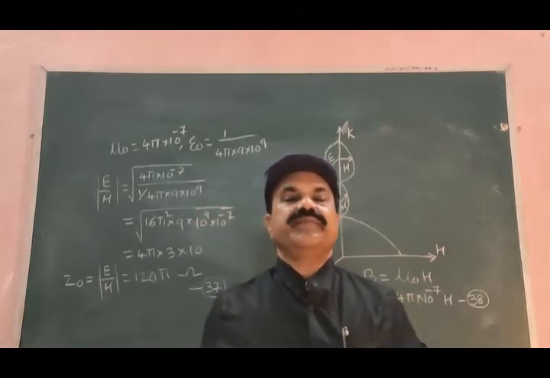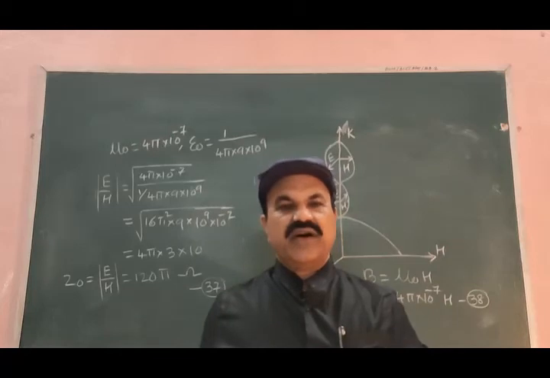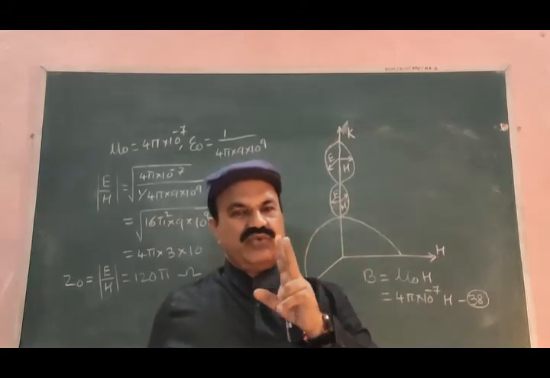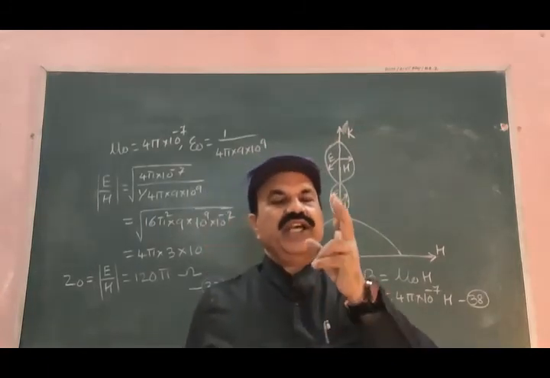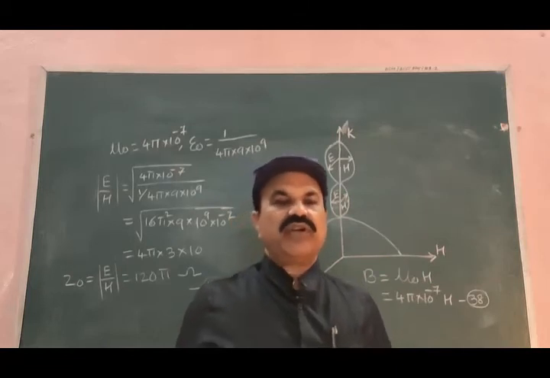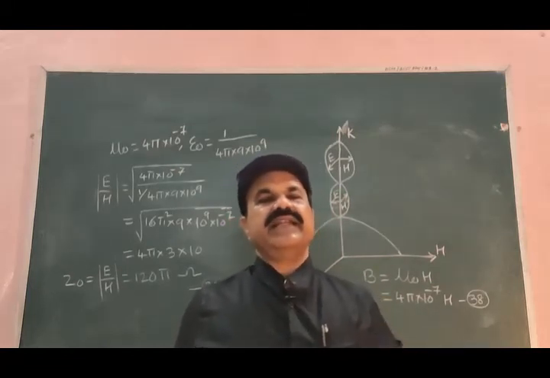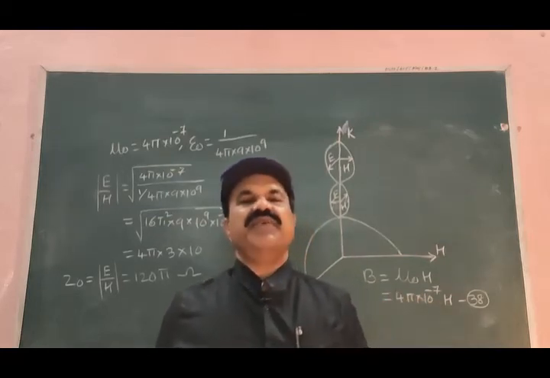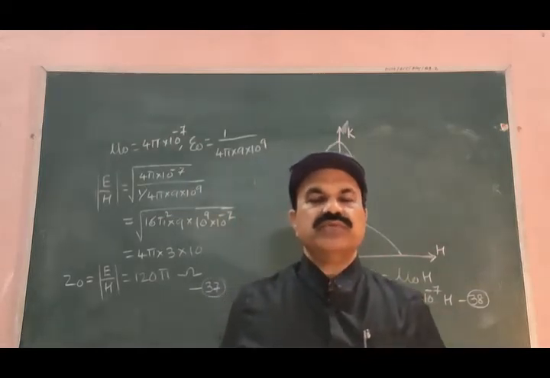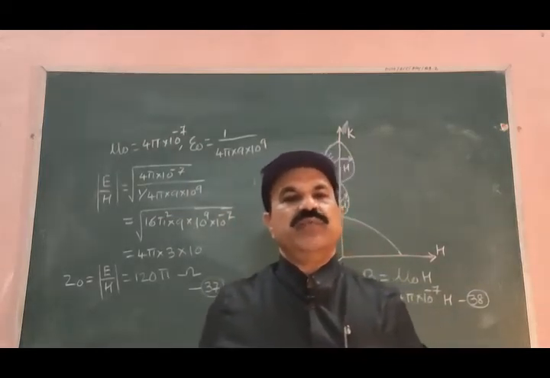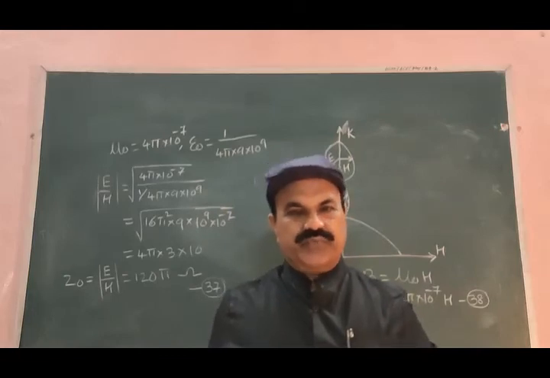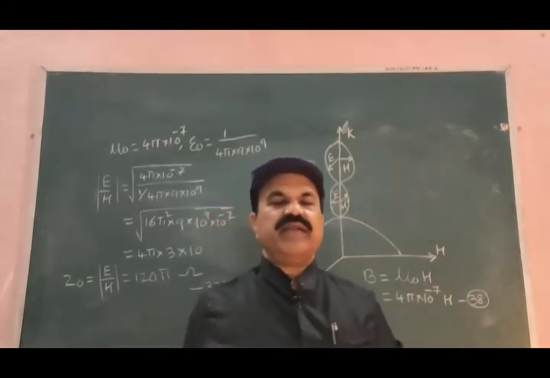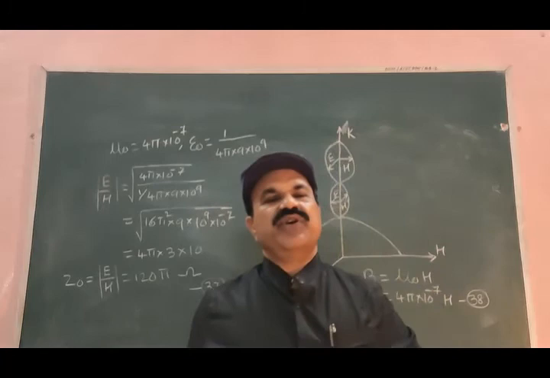And after putting in the vector identity, curl of curl A is equal to grad of divergence of A minus del square A, we got two equations, which are the wave equations for the electromagnetic wave for electrical component E and magnetic component H. We compared these two equations with the general wave equation, del square U minus 1 by V square, del 2U by del T square, is equal to 0, and we derived the solutions for electrical component E, magnetic component H and the scalar component U.